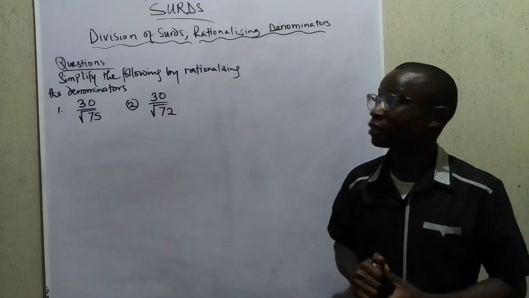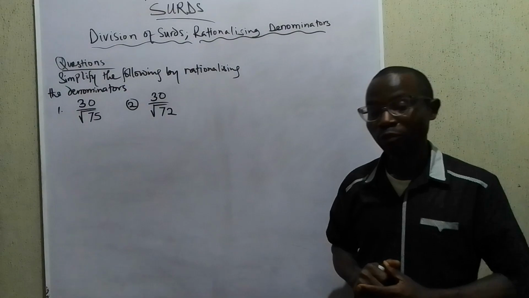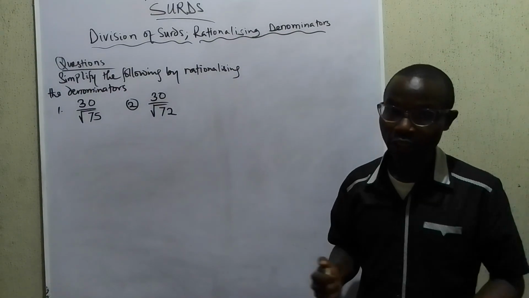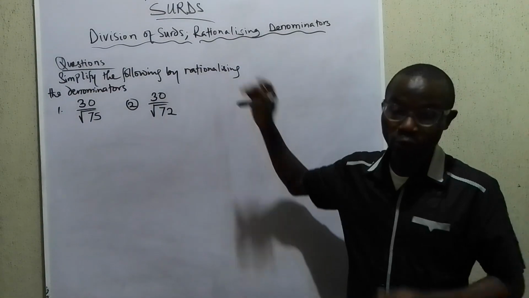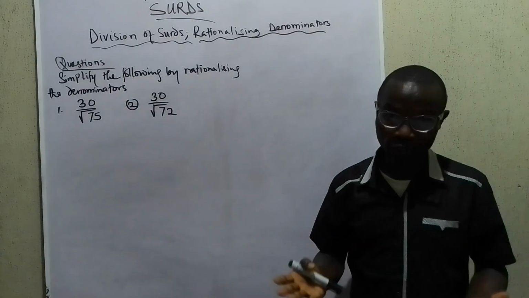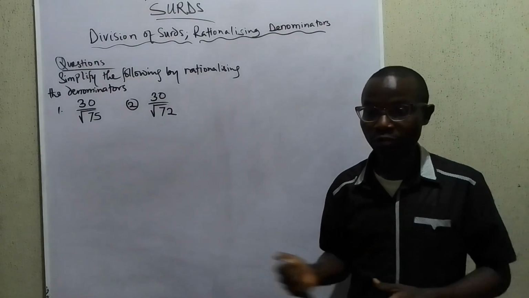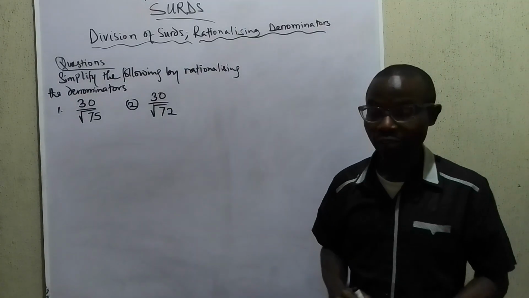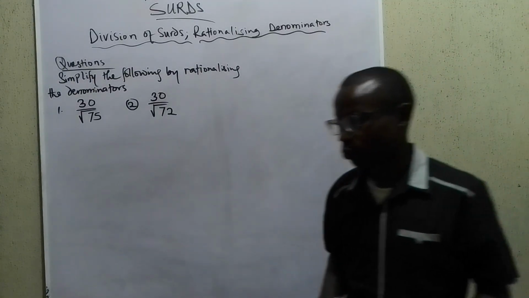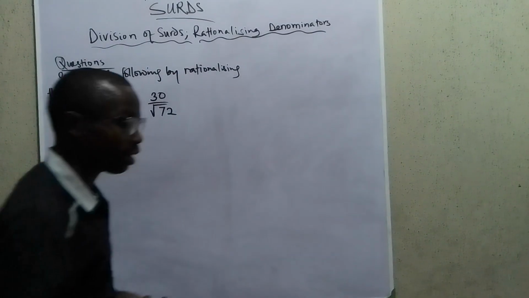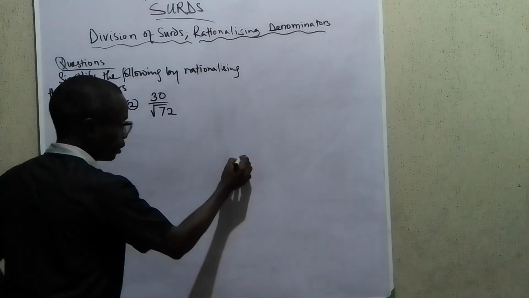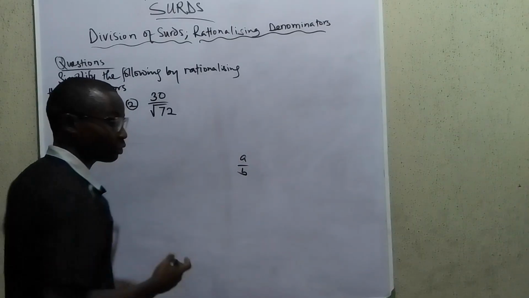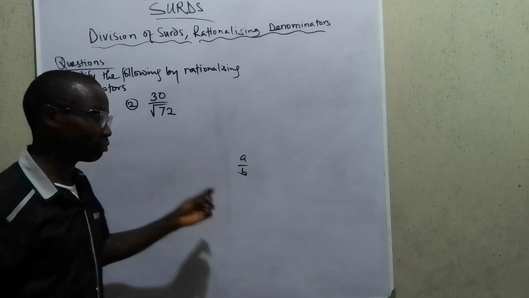Now we already started on surds, done multiplication, and now we're looking at division, and also at rationalizing denominators. We talked in the previous video about what rationalization means. It means a situation where you have a fraction, a general representation of a fraction.